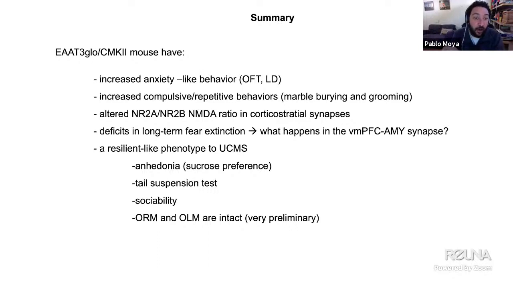We observe a deficit in the long-term extinction. So now we are actively pursuing the characterization of the ventromedial prefrontal cortex connected to the BLA, which is part of the circuit involved in the extinction of fear memories. And we have these novel findings about this resilient-like phenotype to chronic stress, based upon tests in anhedonia, tail suspension test, sociability, and the object recognition and location that seems to be intact in this mouse model, although very preliminary.